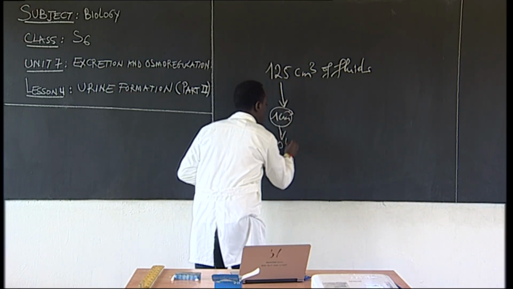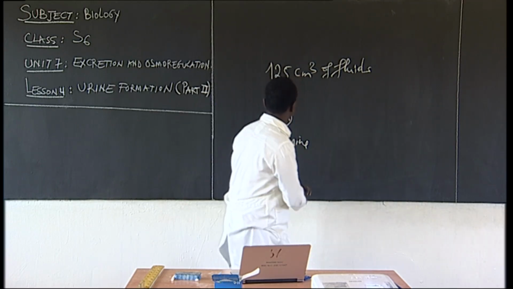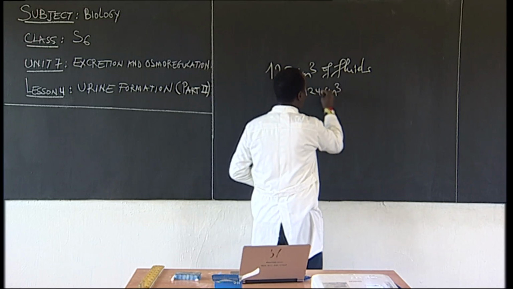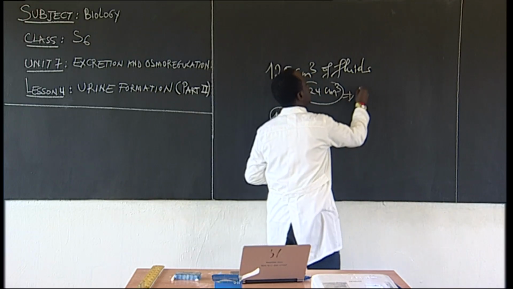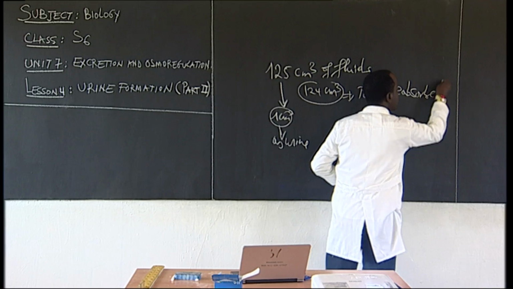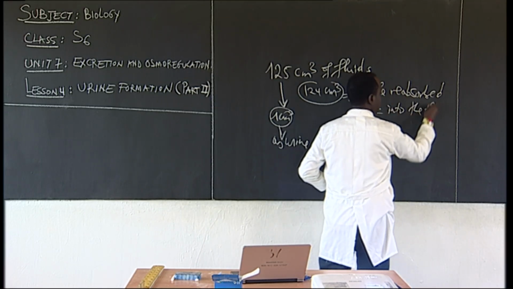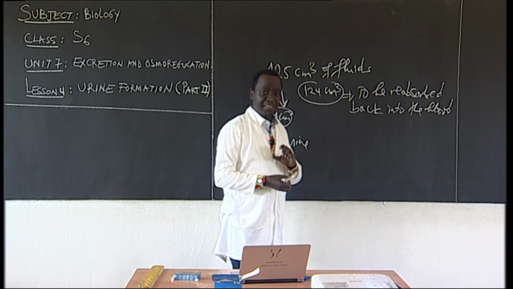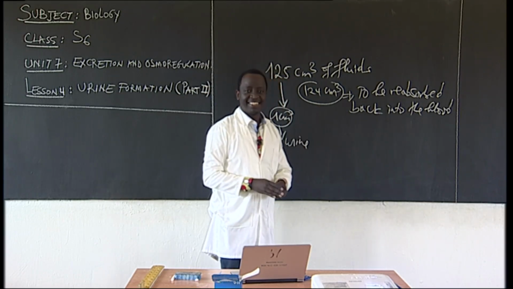As the urine. Now you can ask yourself, where is the remaining 124? Where this fluid has to go? This 124 has to be reabsorbed back into the blood to be transported to all parts of the body to be served. Are you getting this? So which means this is per minute.